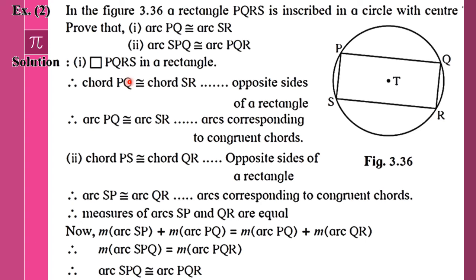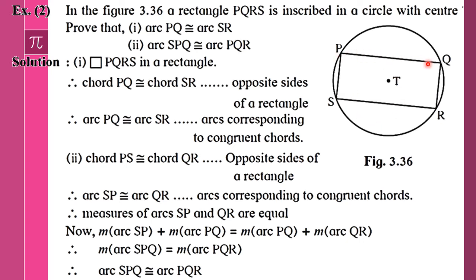Here this quadrilateral is a rectangle, that means the opposite sides are equal. So chord PQ is congruent to chord SR. Similarly, chord PS is congruent to chord QR. These two things you know, since the quadrilateral is a rectangle.